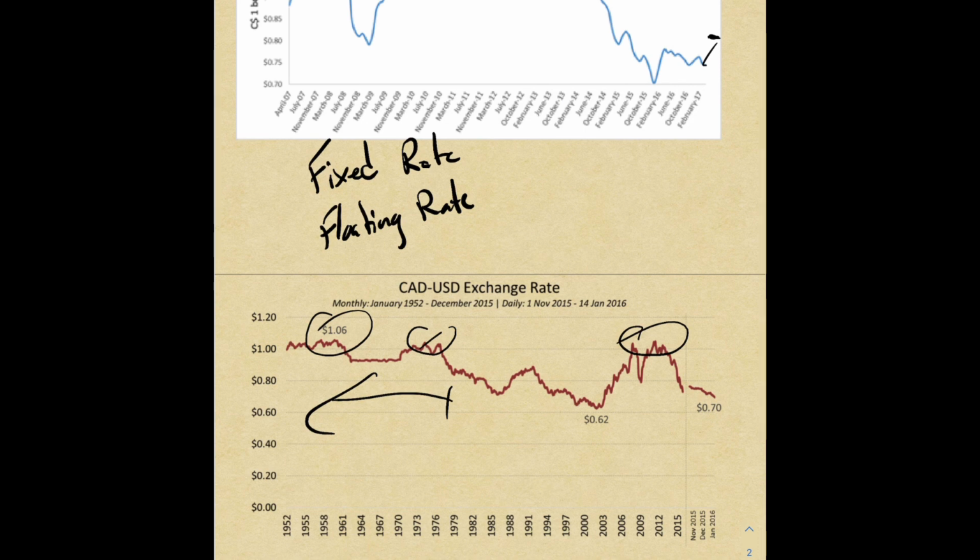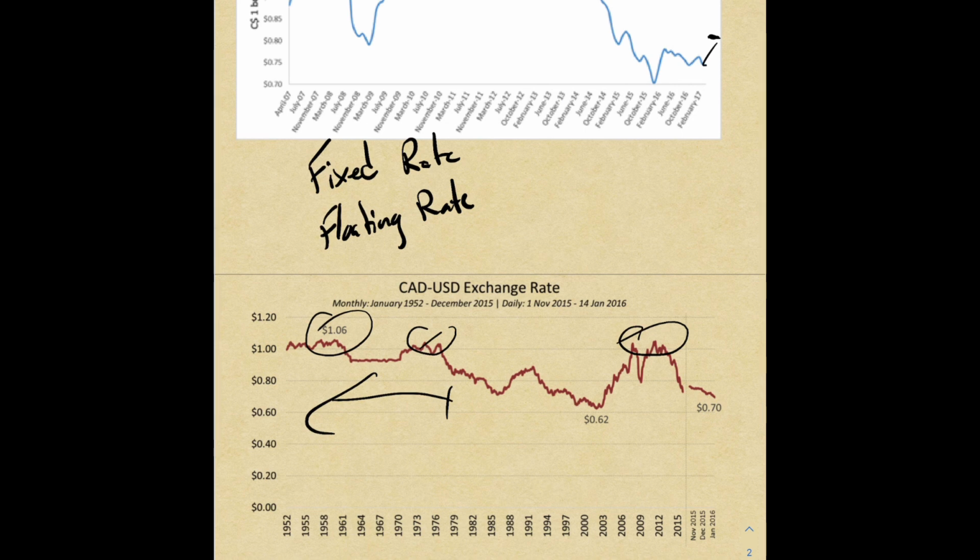And what it does is it forces the central bank to use monetary policy, so buying up bonds, buying up Canadian dollars on the markets, things like that, to adjust and make sure that the exchange rate is somewhere around whatever fixed rate they chose.